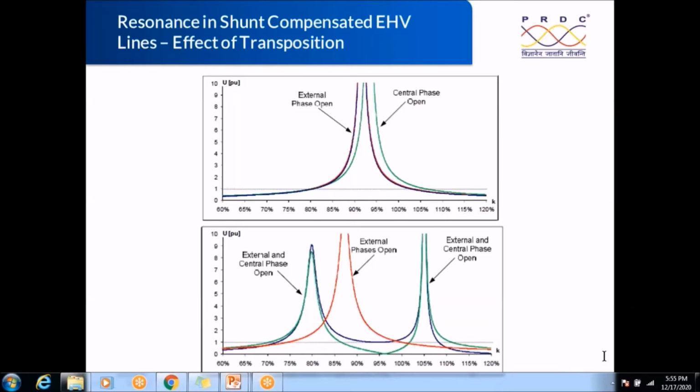Because in a double circuit line there is always a zero sequence coupling, but positive sequence wise, both circuits are independent. There is no positive sequence coupling, but there is a zero sequence coupling between the two circuits, inductive as well as capacitive. So it will have a huge impact in case of a double circuit line.